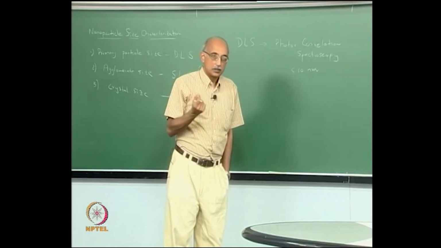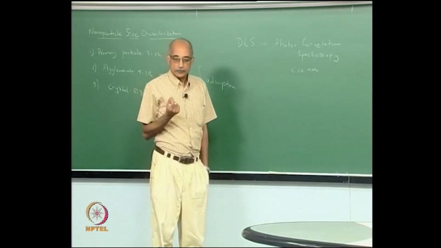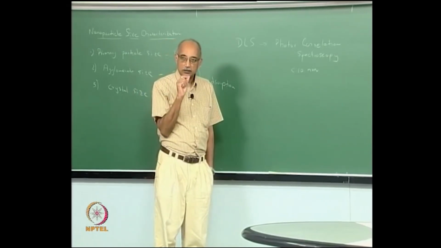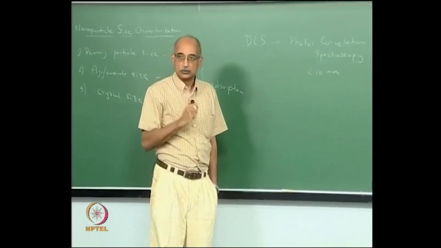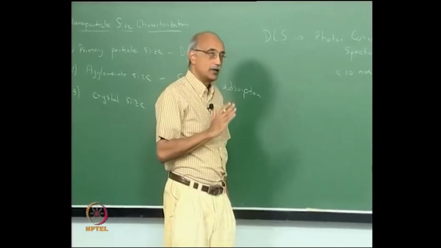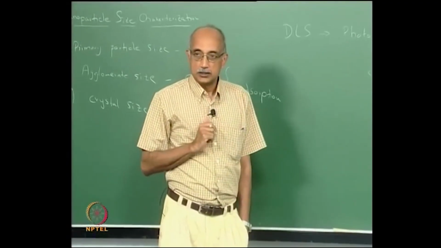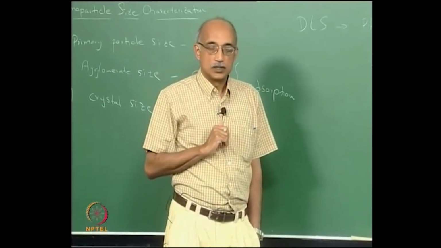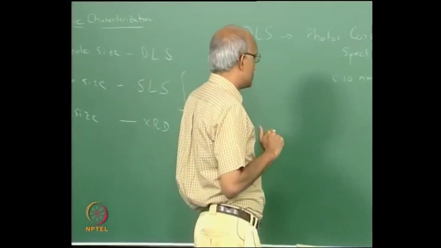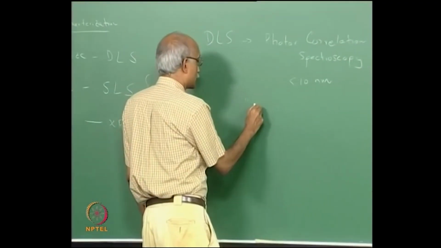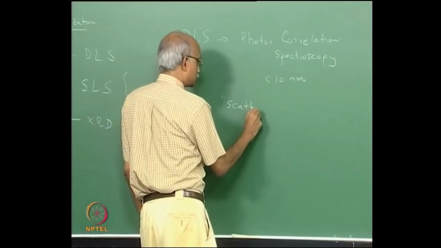Just based on conservation of momentum principles, when a particle is that fine, the momentum exchange is sufficient to actually cause it to move. So, simply by irradiating a particle with light, you can make it move, and this motion is due to what is known as a scattering force.